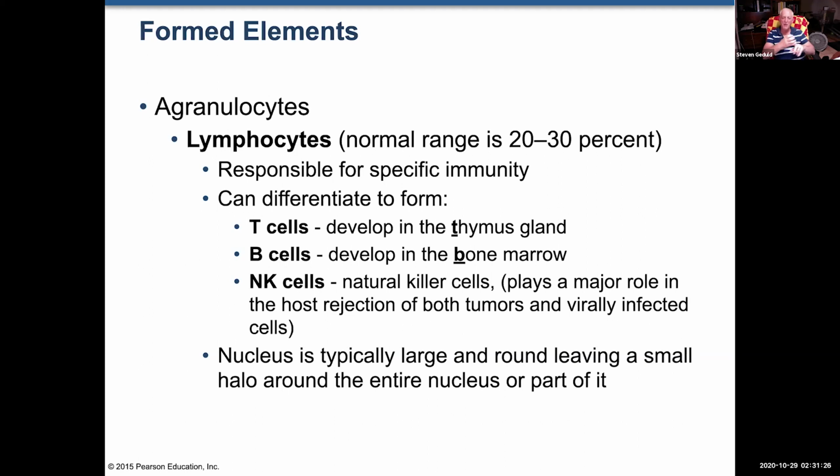We don't know how, because a cancer cell, by all our definitions, is a normal cell that's multiplying at a faster rate. But these NK cells can identify it in certain cases, not all cases. I'm not saying they kill all cancers, but NK cells in our body can kill certain types of cancer that are developing by recognizing them as foreign cells and destroying them. It's amazing. They play a major role in host rejection of tumors and virus-infected cells.